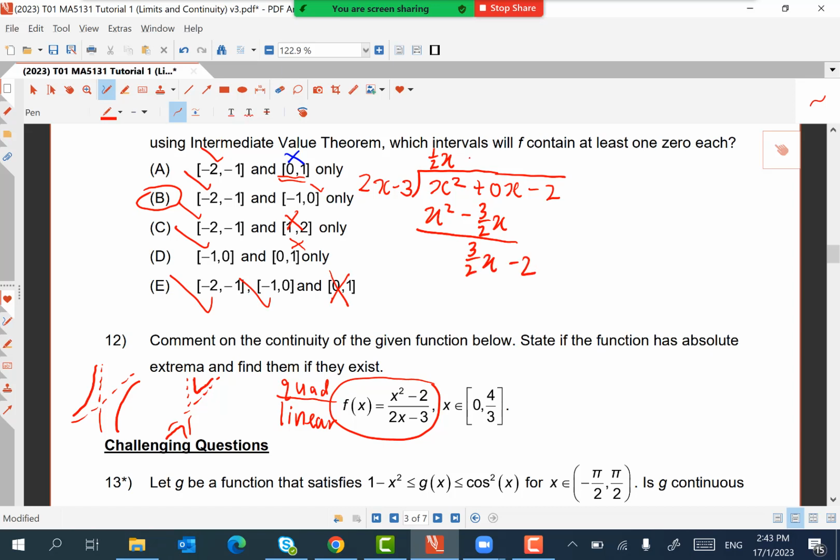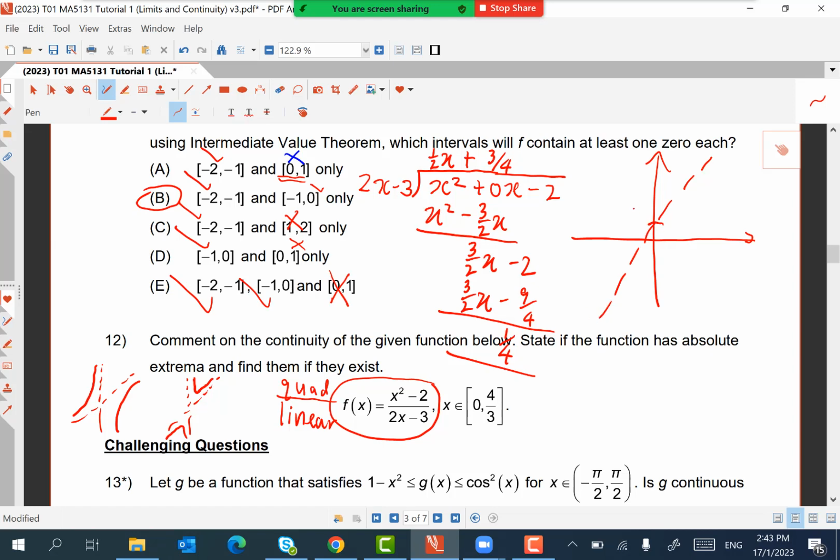Then you need a plus 3 over 4, giving 3 over 2 x minus 9 over 4. This gives a remainder of 1/4. So after long division, you know that it has an oblique asymptote at y equals half x plus 3/4. The slanted asymptote looks like this.